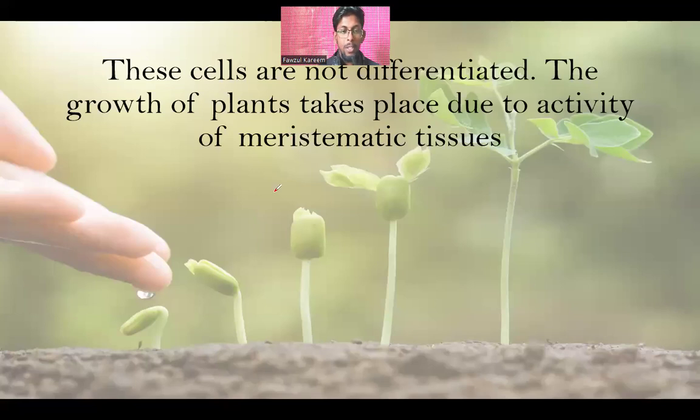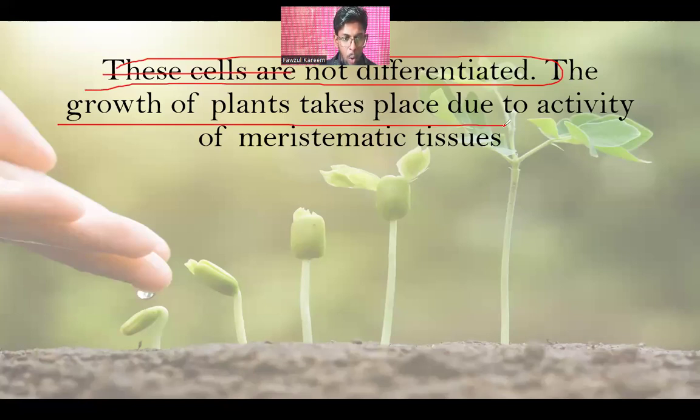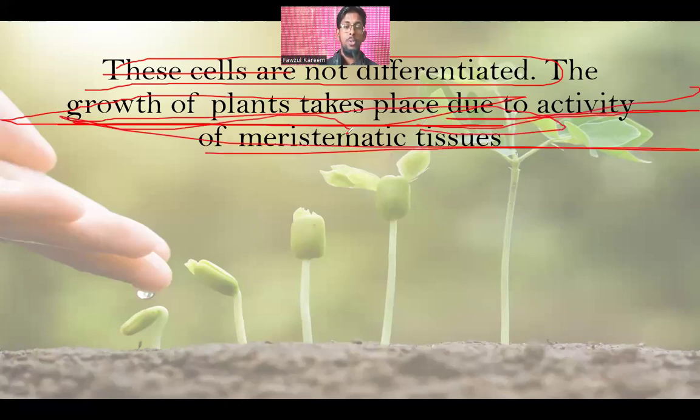Right. So the cells are not differentiated. I will explain that point later. The growth of the plant takes place due to the activity of meristematic tissue. Is it right or wrong? Because of the meristematic tissues, the plant grows up.